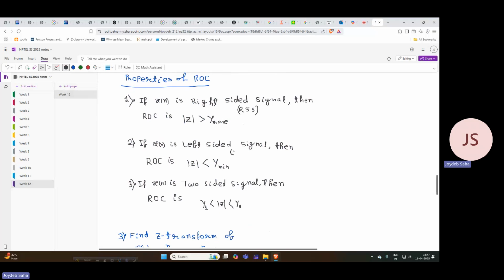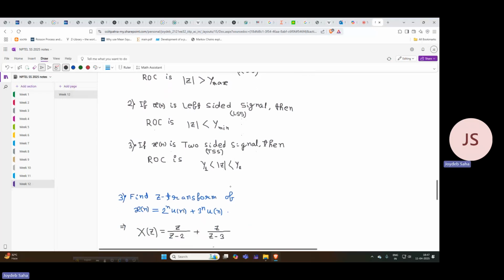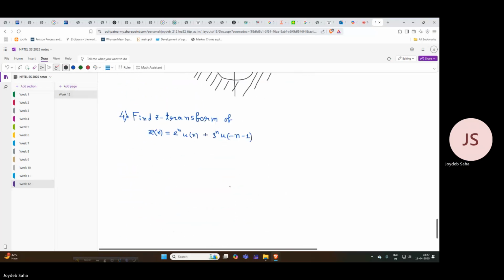This is LSS, the left-sided signal. And this overall is a two-sided signal.